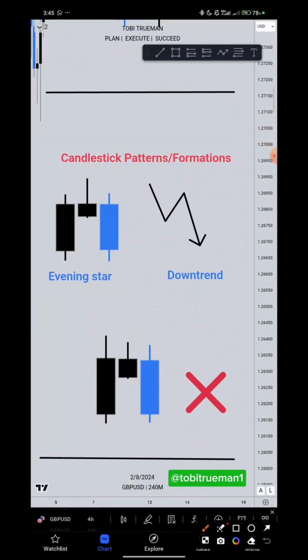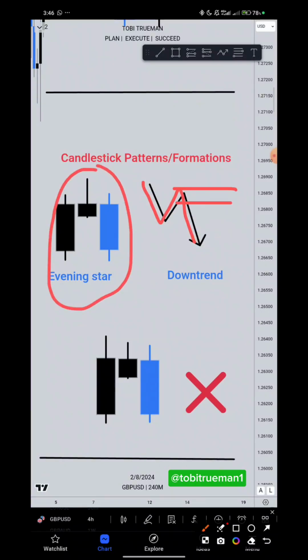Then the most important candlestick chart patterns we'll be using are the formations. The first one is the evening star candlestick, and it is mostly used in a downtrend, meaning that when price is making a series of pullbacks, we know that this is a downtrend. Then maybe at this point up here, the evening star candlestick pattern can form.